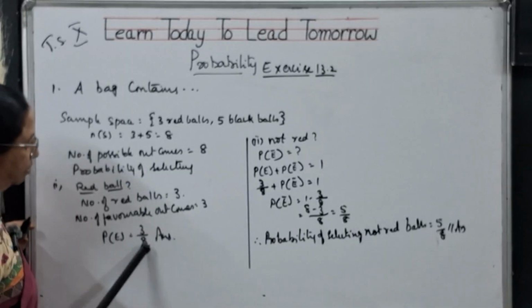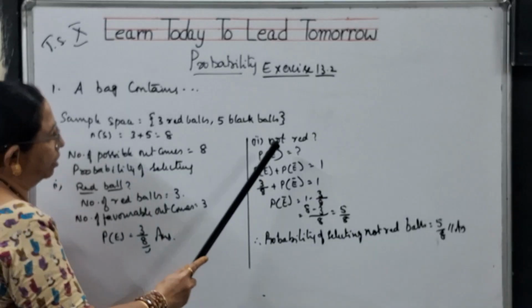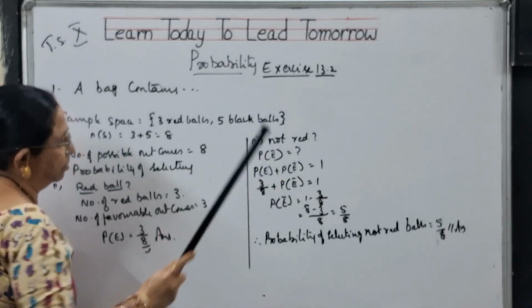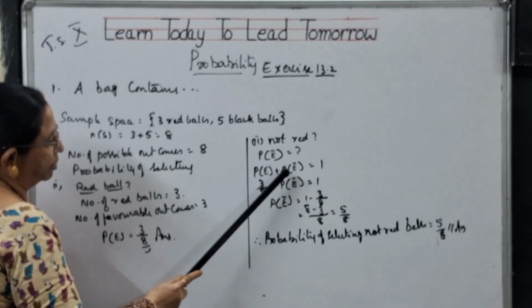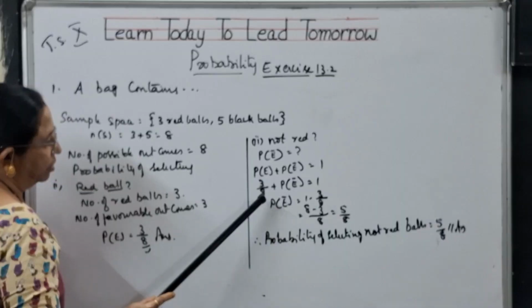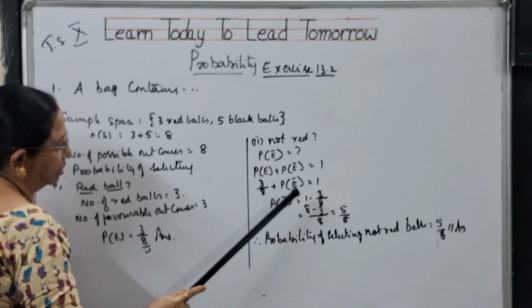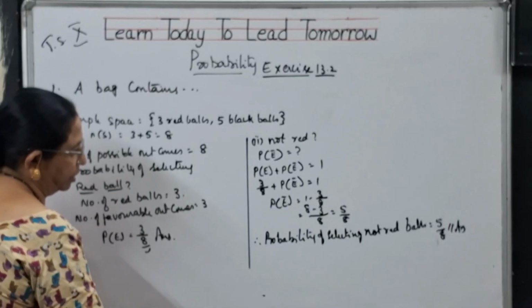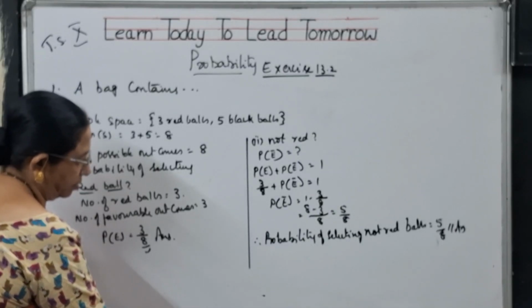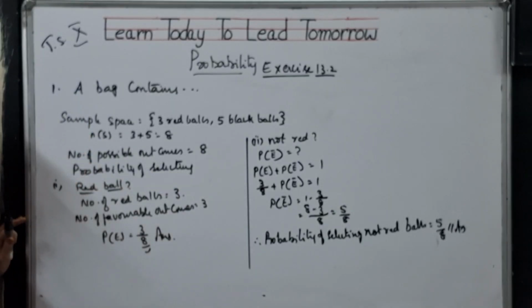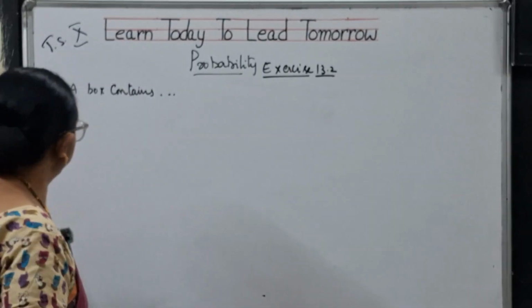So P of E is 3 by 8. Now not red means P of E dash they are asking. P of E plus P of E dash is 1. That is 3 by 8 plus P of E dash is 1. P of E dash is 1 minus 3 by 8. So 5 by 8 is the answer, children. That is the first problem. Please note it down. Now, second problem.